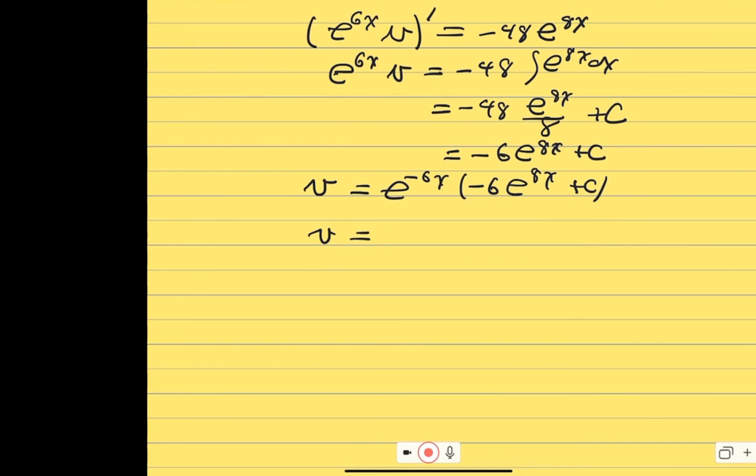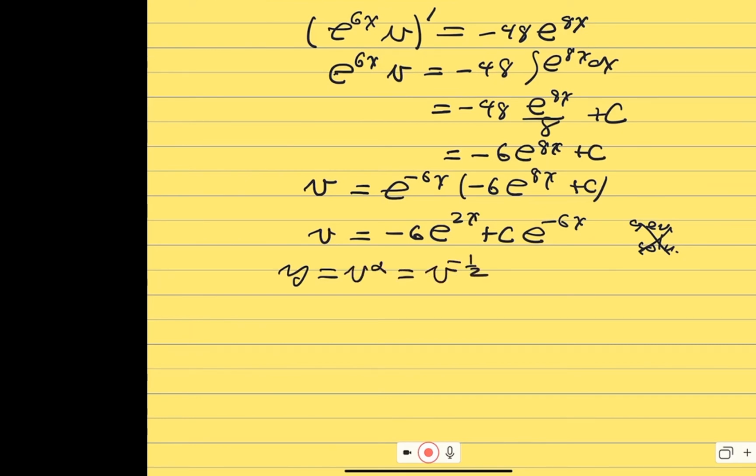Distributing gives us v is minus 6 e to the 2x plus c times e to the minus 6x. And so this is going to be the general solution. I take that back, we're not quite there yet. This is what v is, but remember y is v to the alpha, which in our case is v to the minus 1/2.